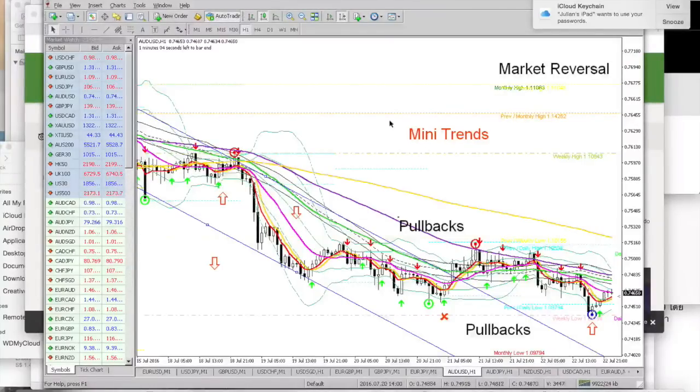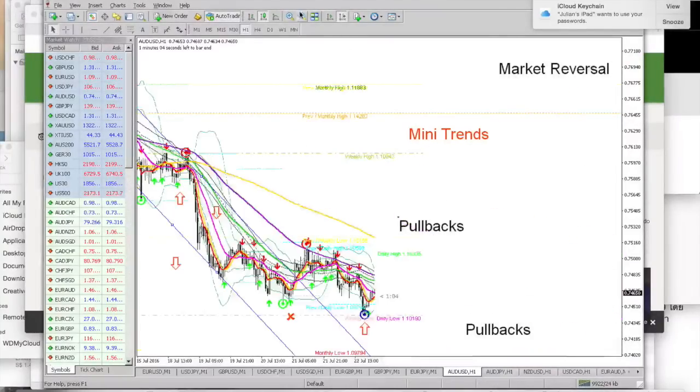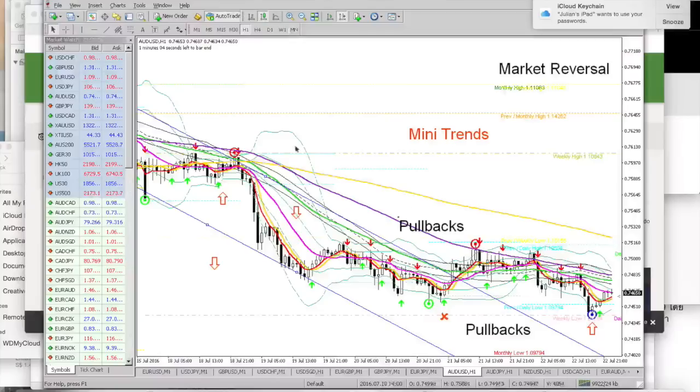Right, now, what I wanted to show you is what I look out for when I know that a reversal is going to happen. I use the fanning of moving averages to identify when a pullback, which is a mini reversal, or a market reversal is going to happen.